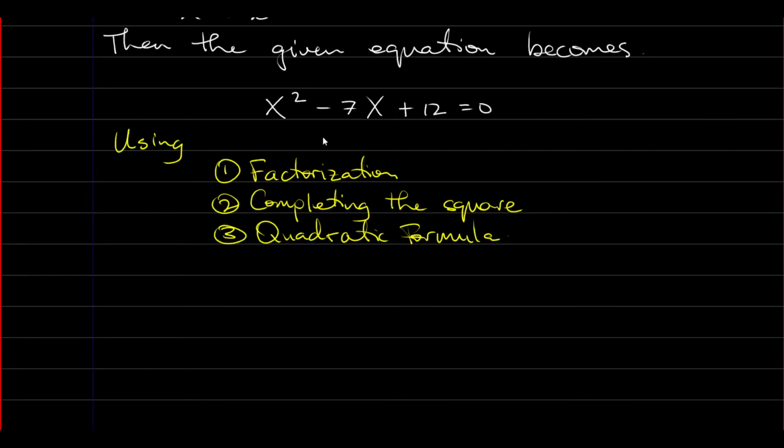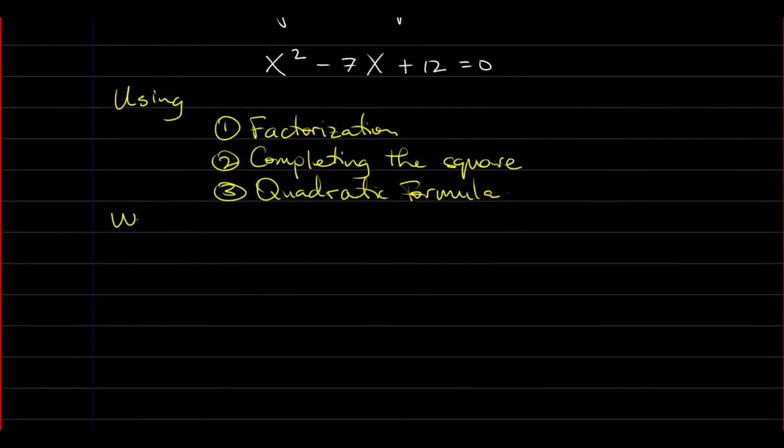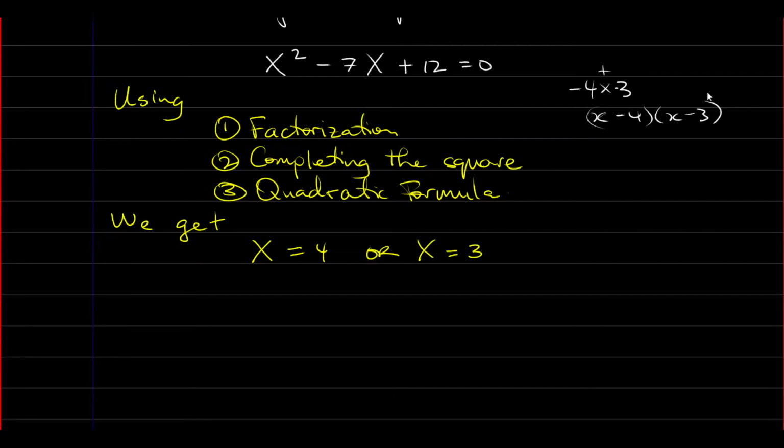We can solve this equation and we'll get, I think, 4 by 3, and I can say -4, -3. If I add those two together, I'll get X minus 4, X minus 3, positive 12. Yeah, right. So we'll get that X is equal to 4, or X is equal to 3 when we work that out and solve it.